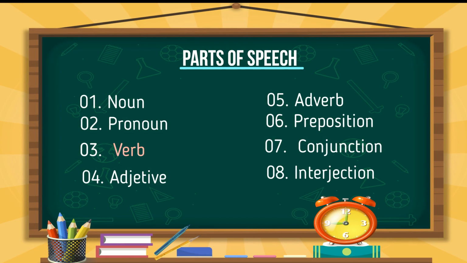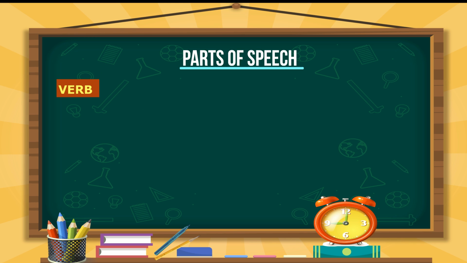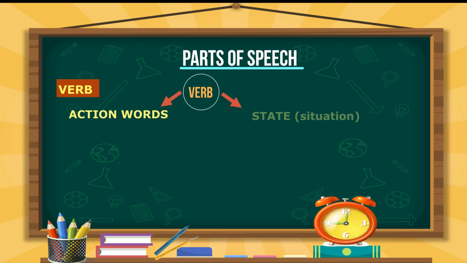Next is verb. What is a verb? A verb is just a word that shows an action or a state. State means a situation. A verb is a word used to express an action or state of a subject. Okay, what's the difference between these two?